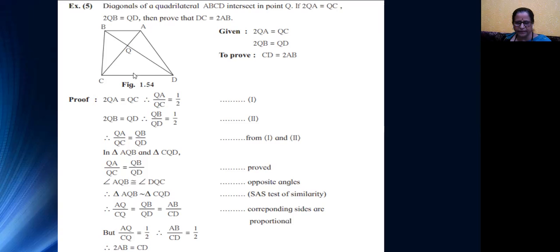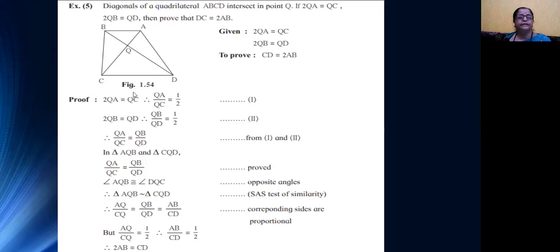What is given here? 2AQ is equal to QC and 2BQ is equal to QD. And what we have to prove is that CD is equal to 2AB.